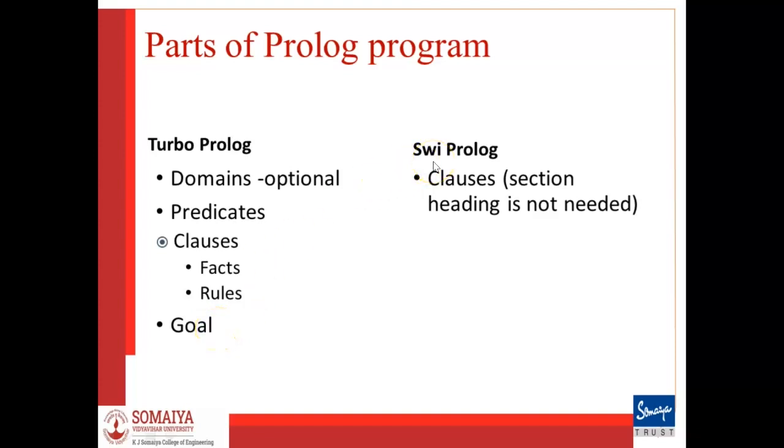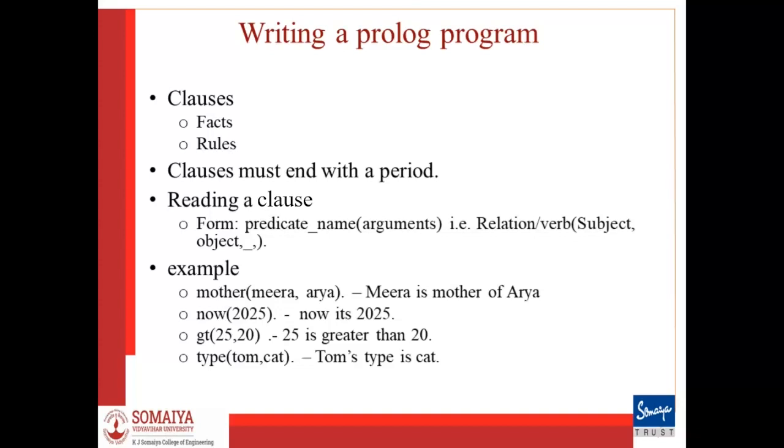While in SWI-Prolog, we need not write domains, predicates, clauses, goals as a title, but the program would contain only facts and rules without the clauses title. While writing a Prolog program, as you have seen, the facts and rules are common and compulsory elements. The clauses must end with a period because they are expressing some definite information.